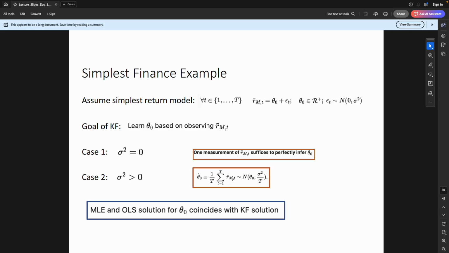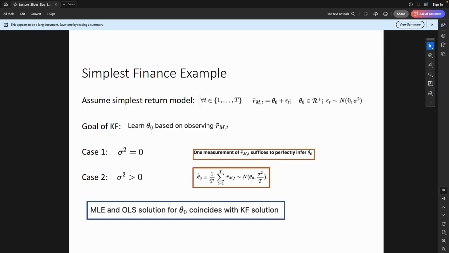And that sample average would be a random variable, distributed according to a Gaussian which is centered around the true equity premium, but I will have noise. And the noise depends on the sensor noise, sigma square, but it also depends on the sample size. So if capital T goes to infinity, you see that the variance part divides by infinity, so I have a variance which goes towards 0. This is the typical law of large numbers application. For T going to infinity, the sample average is going to reveal my theta 0.